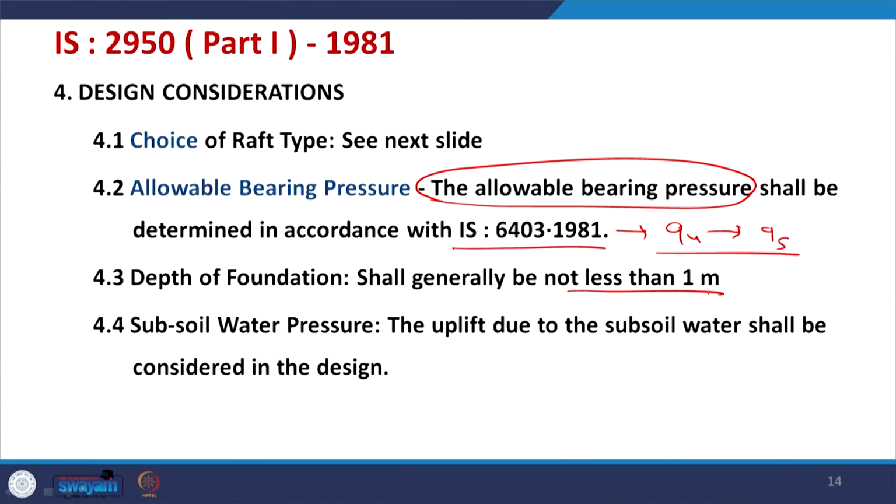Then, when we talk about subsoil water pressure, the uplift due to the subsoil water shall be considered in the design. These topics are given in the code in detail, so if you come across them, you can refer to it. Now, before the design of the raft foundation, it is important that you understand the methods of analysis.